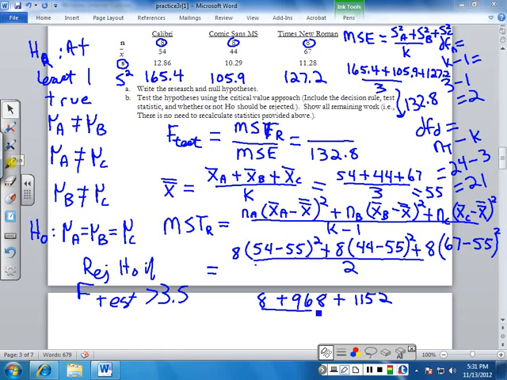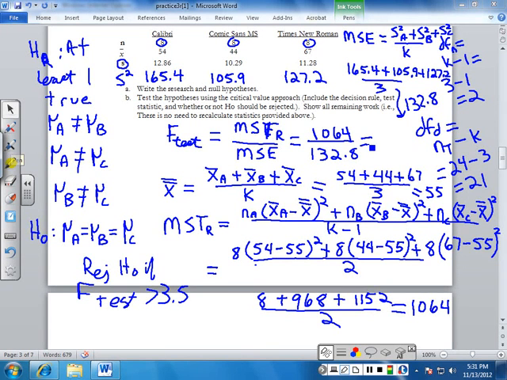And all of that's going to be divided by 2. Are you guys getting the same numbers I'm getting? So I get 1064. And that's my MSTR. 1064.